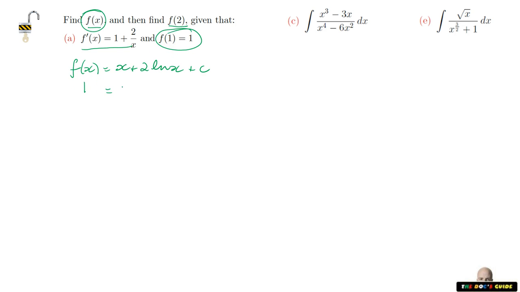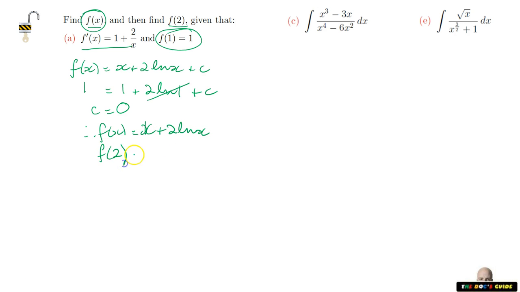So 1 equals 1 plus 2 log 1 plus c. This is 0. So that tells us that c is 0. Therefore, f of x is x plus 2 log x, and therefore f of 2 is 2 plus 2 log 2, or for what it's worth, 2 plus log of 2 squared, which is 4.